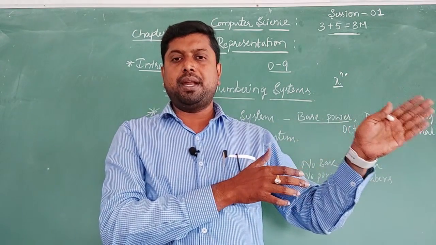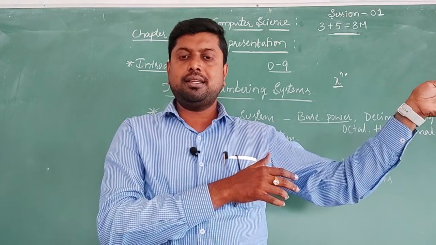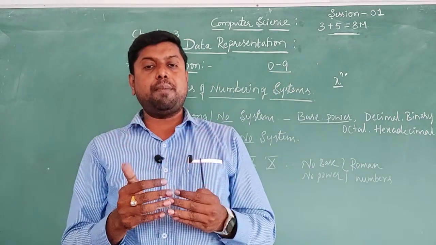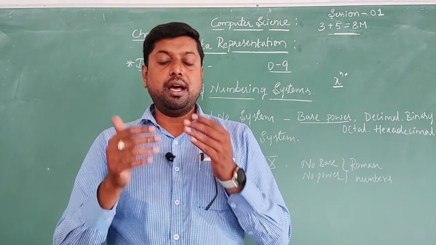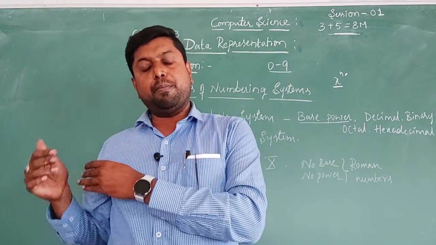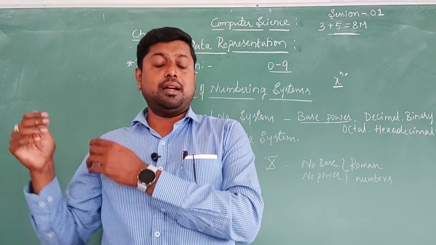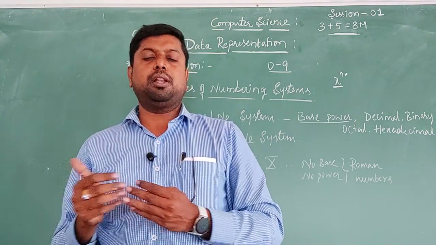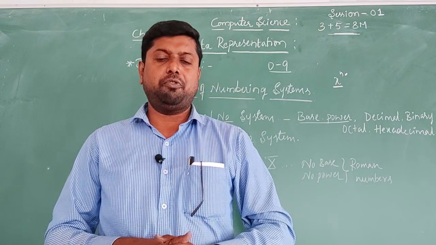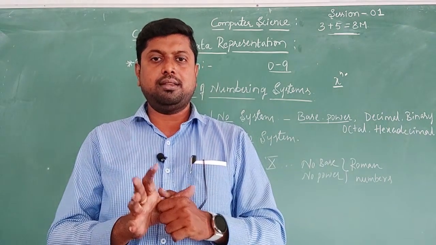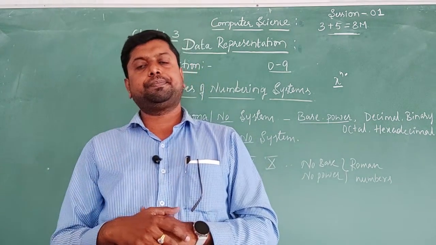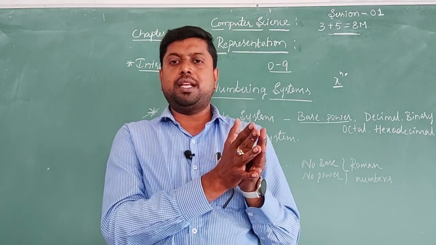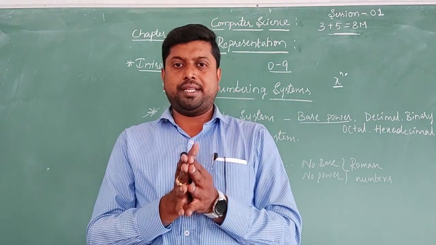Numbering systems that don't have any base and power values are called non-positional numbering systems. The best example for non-positional is Roman numbers. So this is about the types of numbering system in data representation.